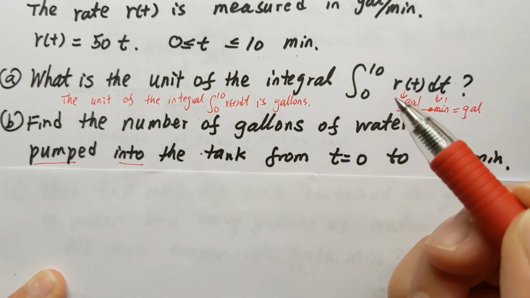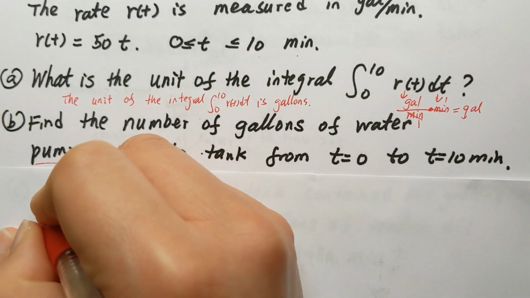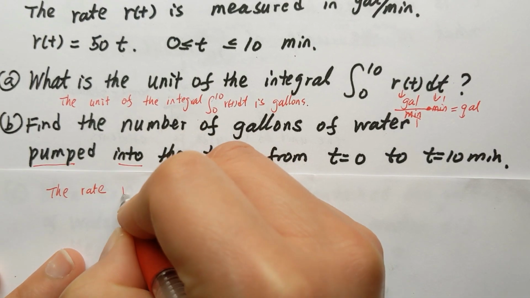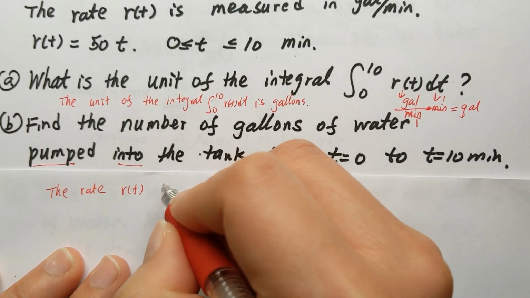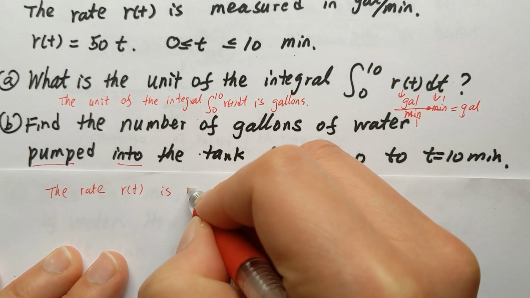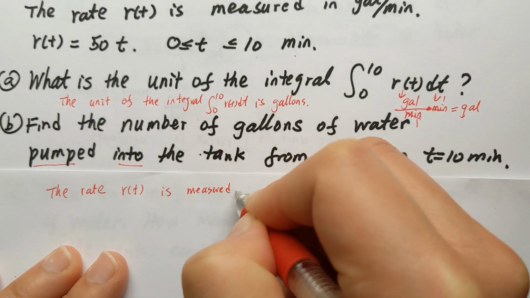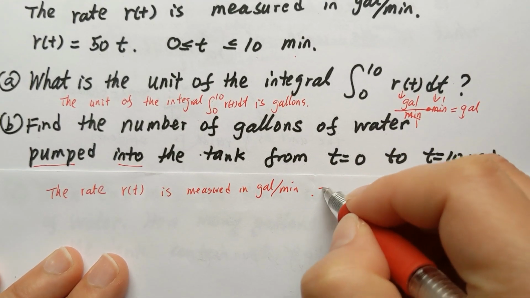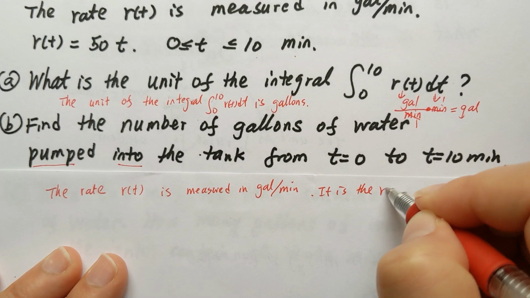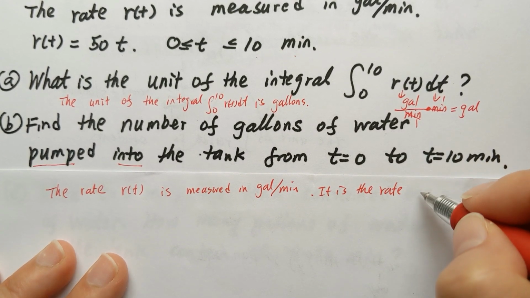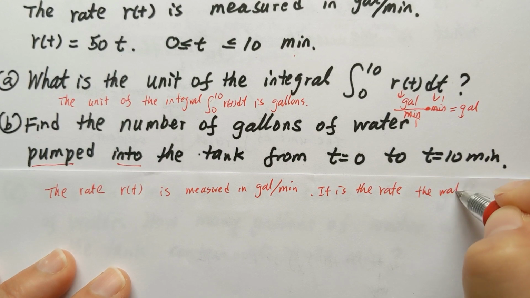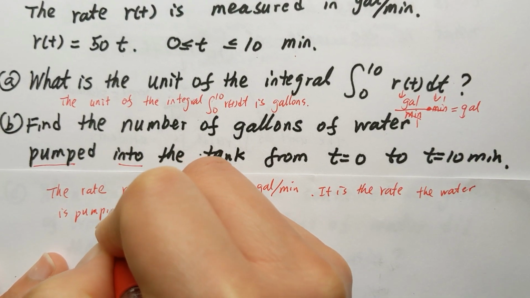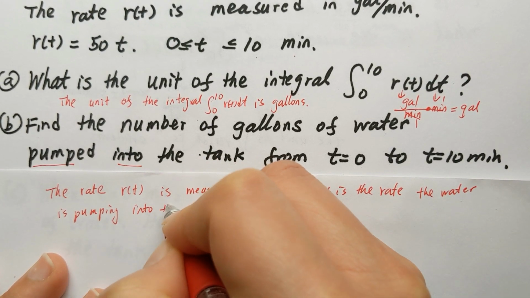We know that the rate R(t) is measured in gallons per minute. It is the rate at which the water is pumping into the tank.